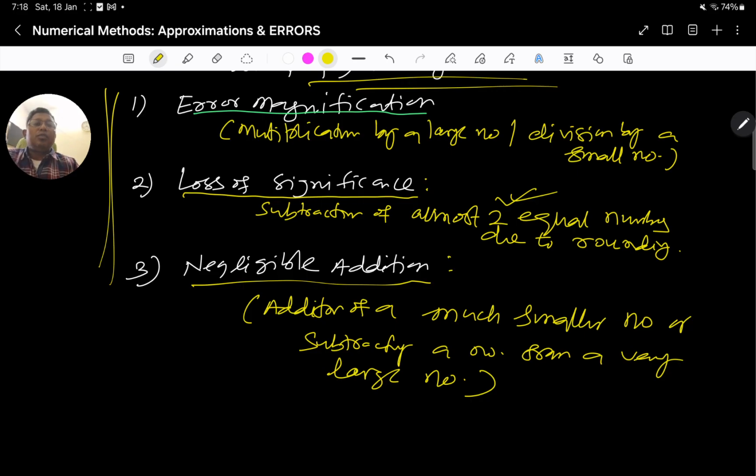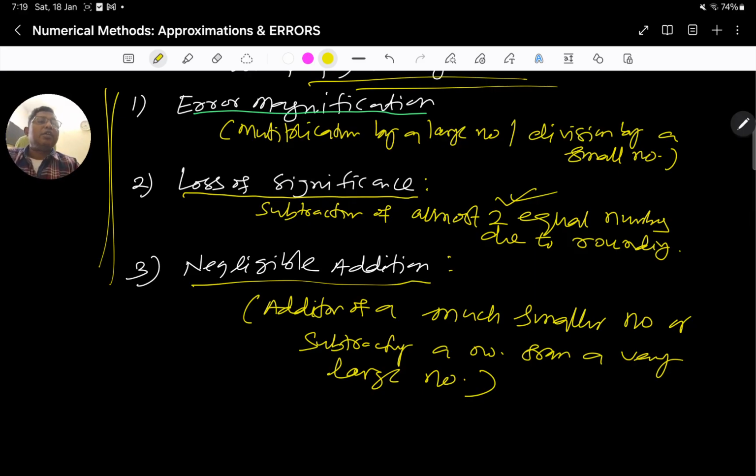Now the summary of this discussion is that in a numerical process, error occurs because we are approximating the solution, and it differs from the original solution by a little bit of error. This error is the true value minus the approximate value. Basically the errors are of three types.